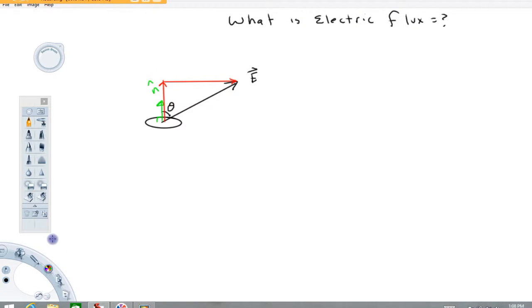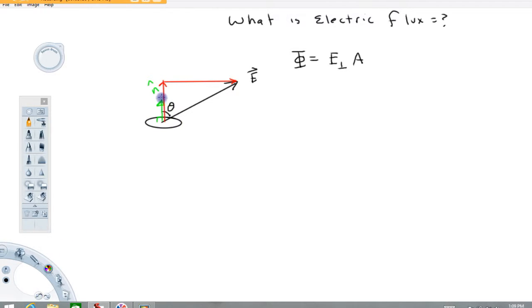What we call the electric flux is usually represented with the Greek letter phi. It's equal to the component of the electric field that's perpendicular to the area multiplied by the area. That's this vector component times this area.